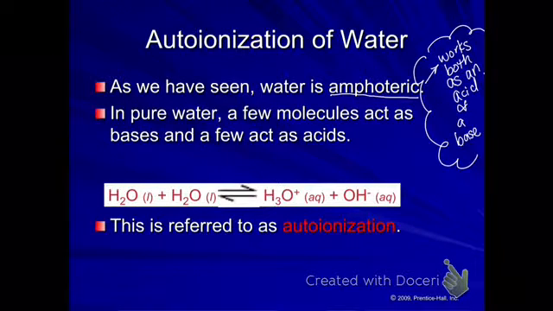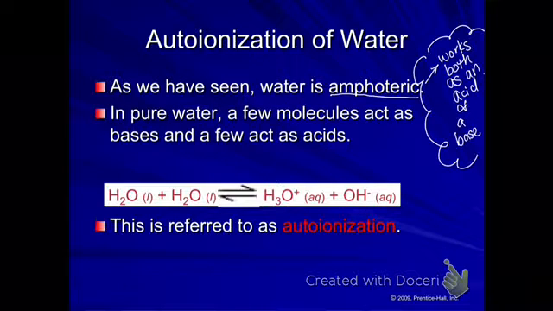So we're moving on now into section 3 of your book, autoionization of water. As you have seen, water is amphoteric. It can work both as an acid and as a base. That's interesting, huh? So what I think is interesting is in pure water, a few, and I do literally mean a few, very small amount of water molecules will act as bases and a few will act as acids.